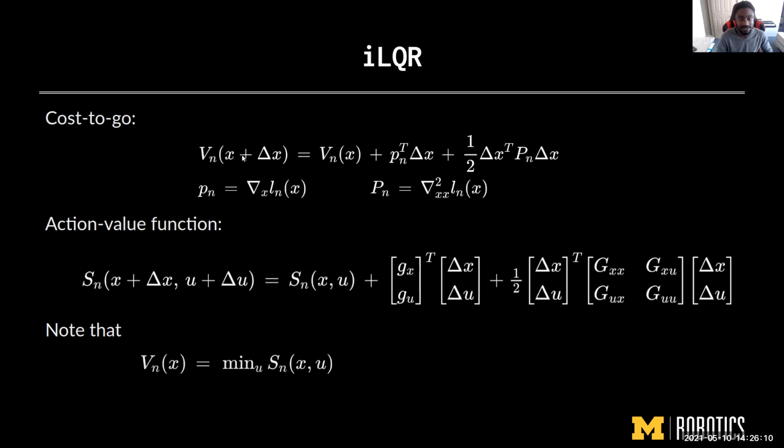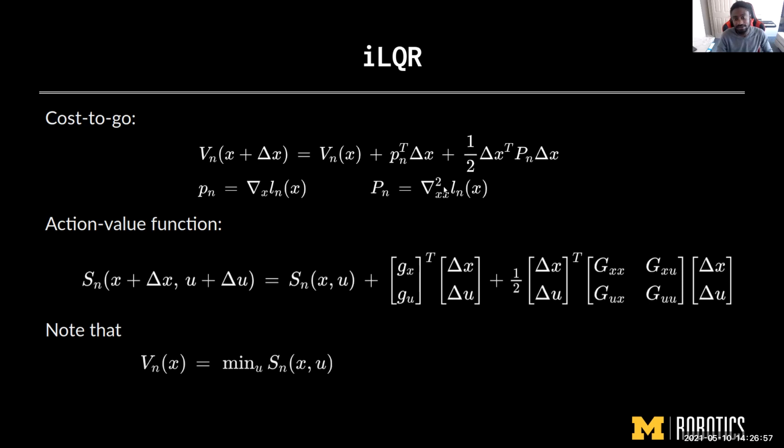The cost to go for x plus delta x, when you're at x and you increment the state by some delta x, is basically the current cost to go for the current state, V sub n of x, plus p transpose delta x plus one half delta x transpose big P delta x, where the small p is the derivative with respect to x of the cost function, and the big P is the second derivative with respect to x of the cost function.